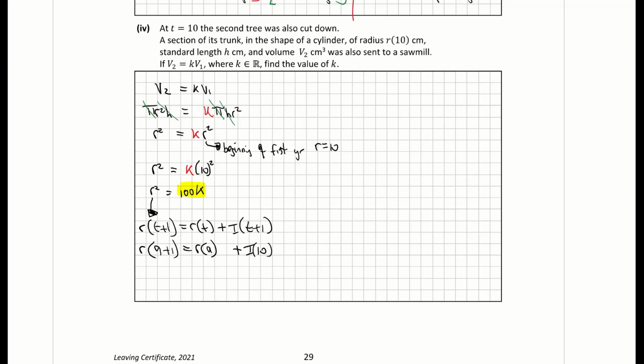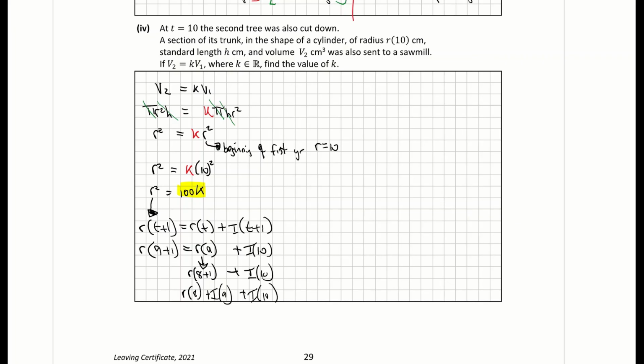Now we can keep going back from there. We now know that r to the 9 is the same as r to the 8 plus i to the 9, plus my i to the 10, and then I break down my r to the 8 as r to the 7 plus i to the 8, and so on. So you can hopefully see a pattern occurring here.